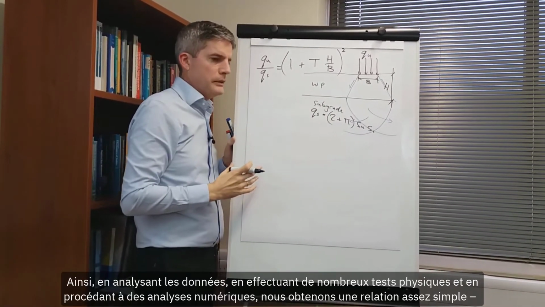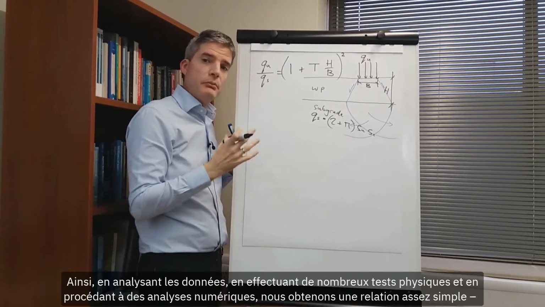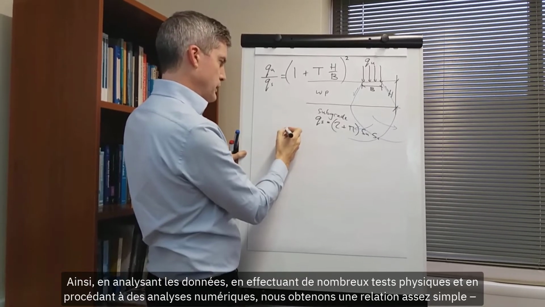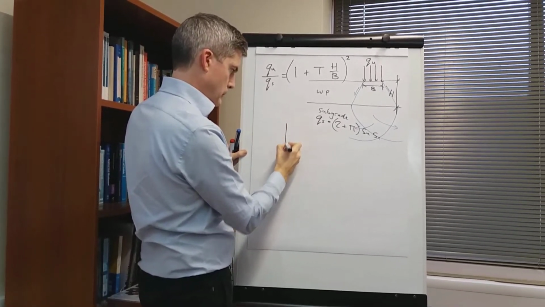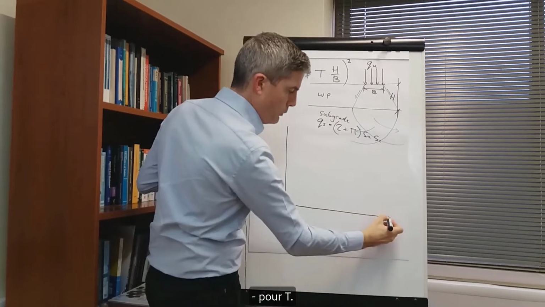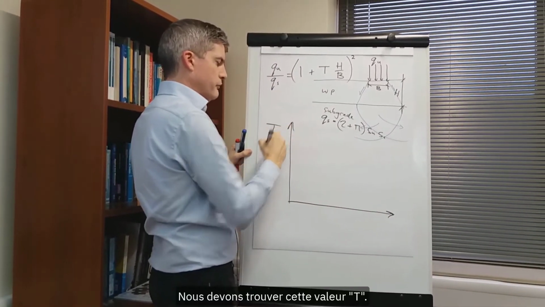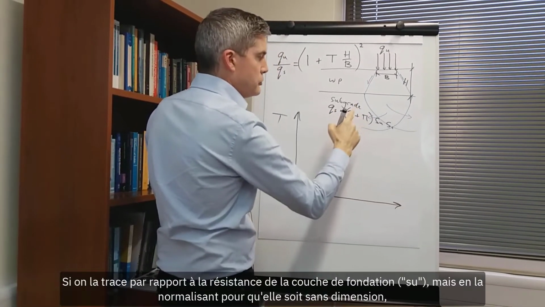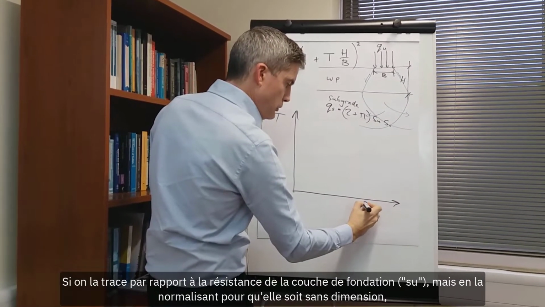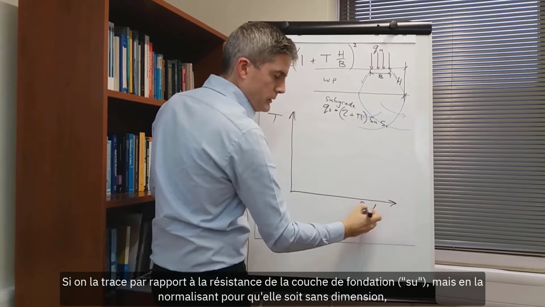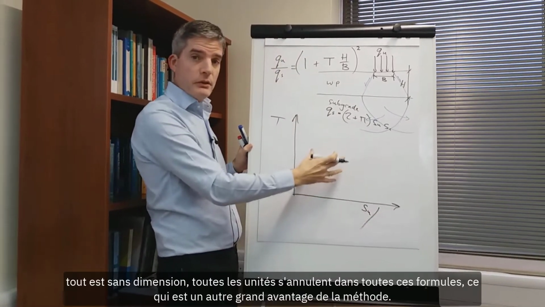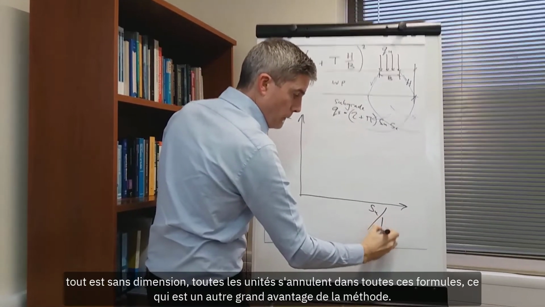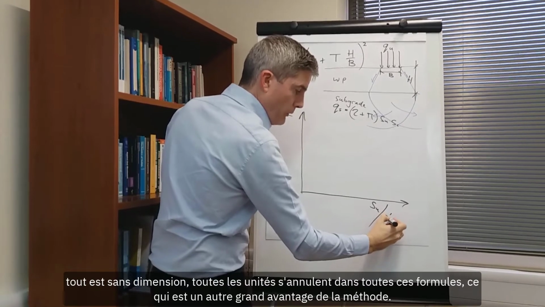By back analyzing a lot of physical testing and numerical analysis, we derive again quite a simple relationship for T. We need to find this value T. If we plot it against the strength of the subgrade SU, but normalize it so it's dimensionless, so all the units cancel out in all these expressions, which is another big advantage of the method.